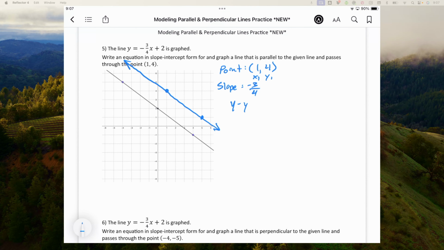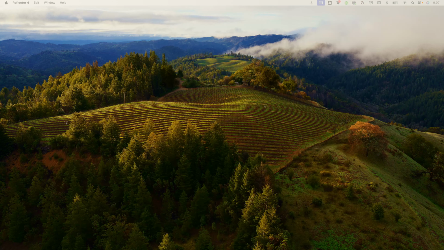So y minus y1 is equal to m times x minus x1. So y minus 4 is equal to -3/4 times x minus 1. My iPad decided to disappear. Let's see if I can fix it.